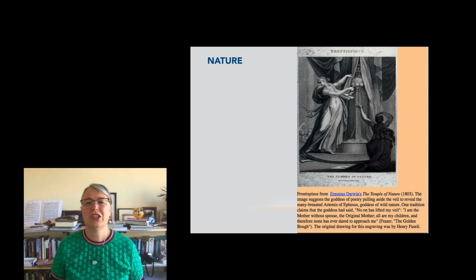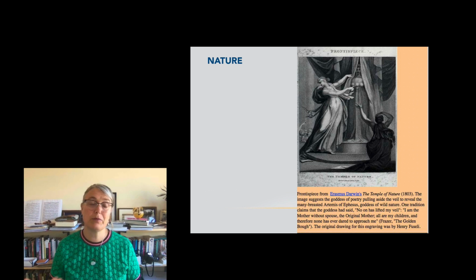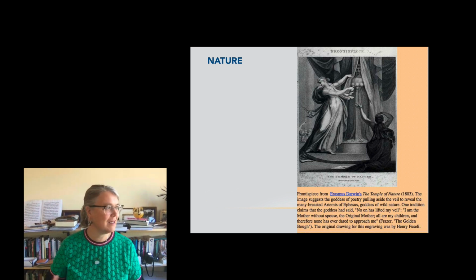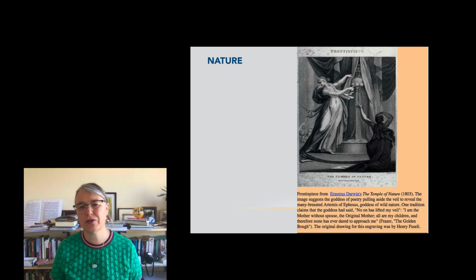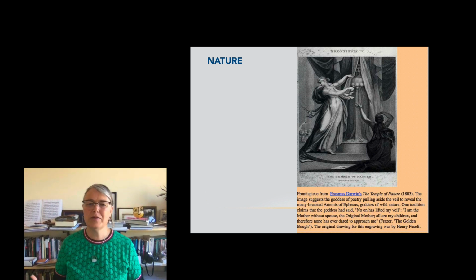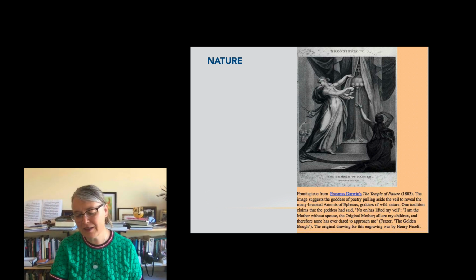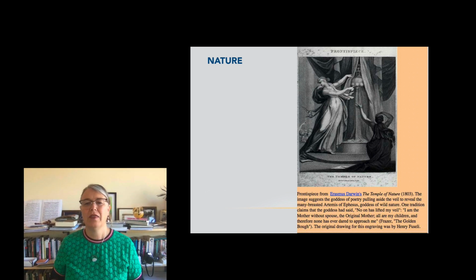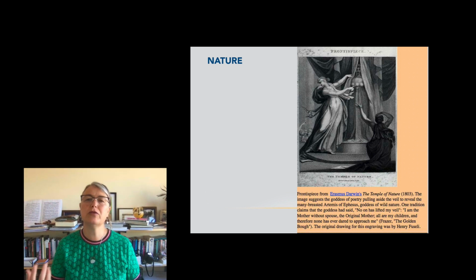This idea of nature as natural, as untouched, as something that is pure, that it operates in a space separate to and opposite to culture, comes from the history of European thought. This definition is a European definition that is based in this idea that there would be a goddess who reveals nature to us.